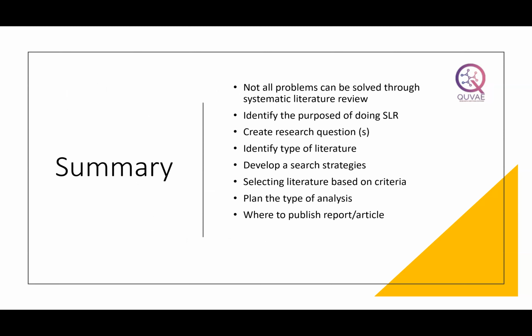So you have to identify whether your problem can be solved through systematic literature review or not, and then identify the purpose, create the research question, identify the type of literature, and develop the strategies. And the most important is selecting literature based on your criteria, and planning the analysis well, and last but not least, publishing the reports or articles in journals. Okay.